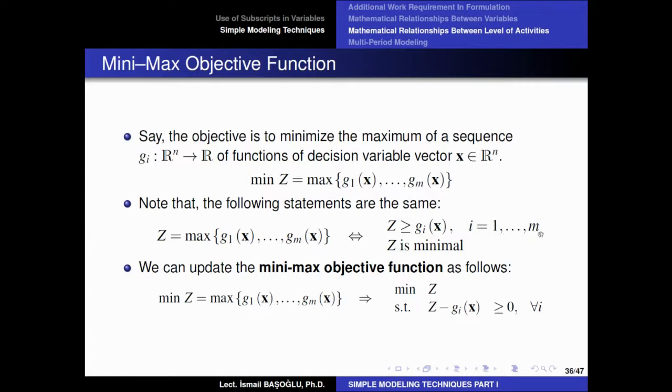For i changing from 1 to m, we can simply say that z is greater than or equal to all of them. And z is also minimal. We can simply make this definition.